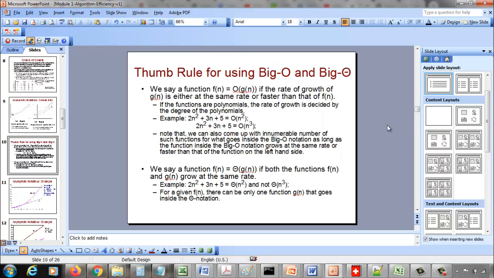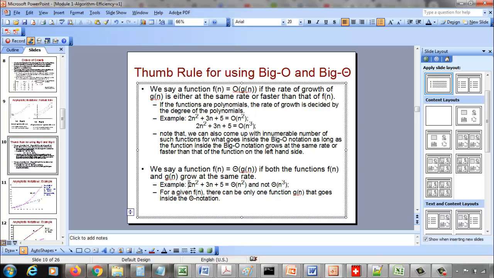Okay. So, for example, if you're given say 2n square plus 3n plus 5, what we can write as theta is this n square, because this n square function grows at the same rate as this 2n square. The 2 is the coefficient, so you can discard it.